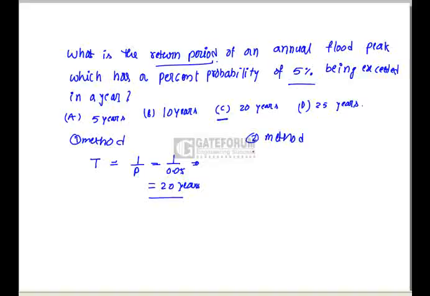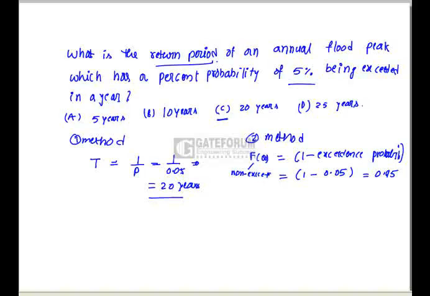of calculating, we will consider non-exceedance probability. The non-exceedance probability FQ is equal to 1 minus exceedance probability. So 1 minus exceedance probability, which is 0.05, is equal to 0.95. It is the non-exceedance probability.